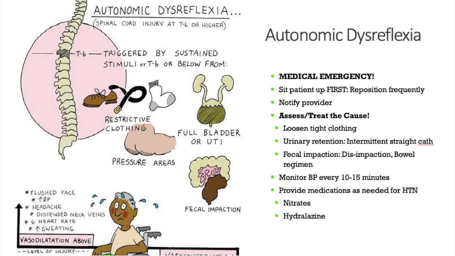Well, if you have an injury at T6 or higher, that stimulus is going to cause, at the level of injury, the release of sympathetic nervous system chemicals like epi and norepi. Okay, so we have the release of epi and norepi as a result of this stimulus.